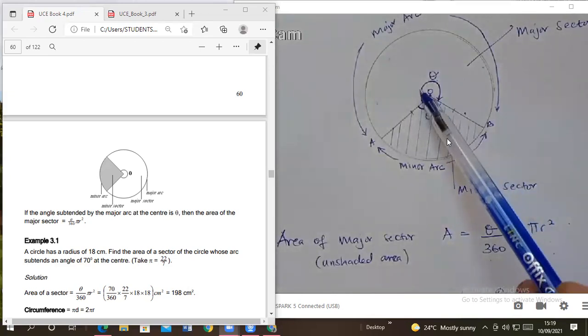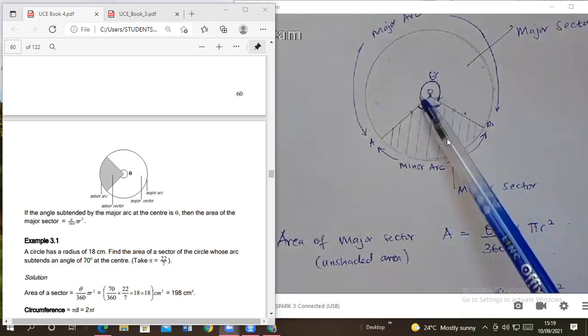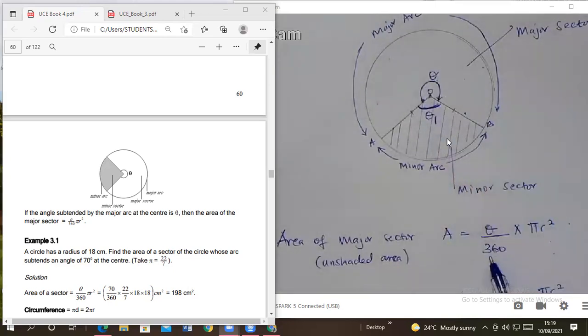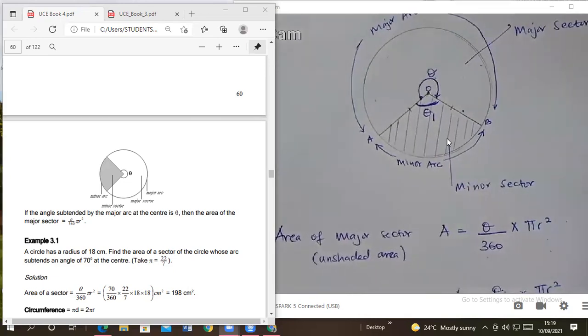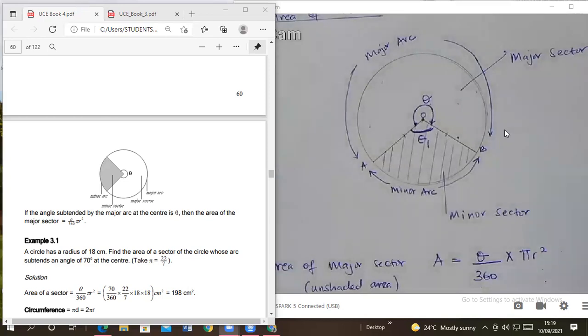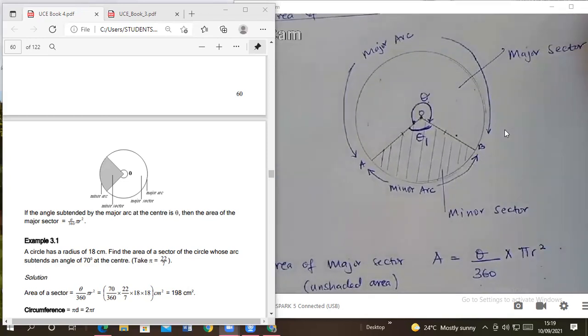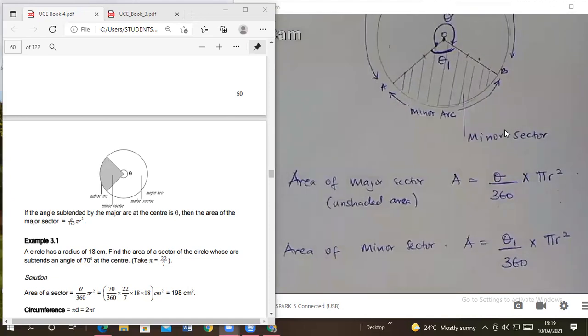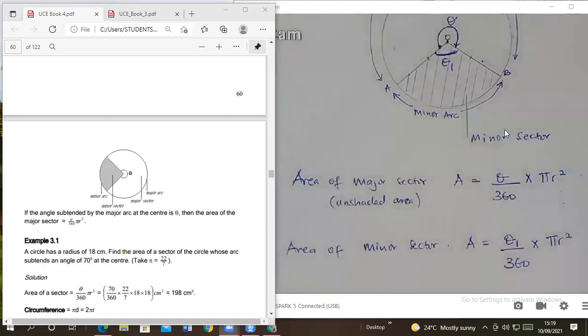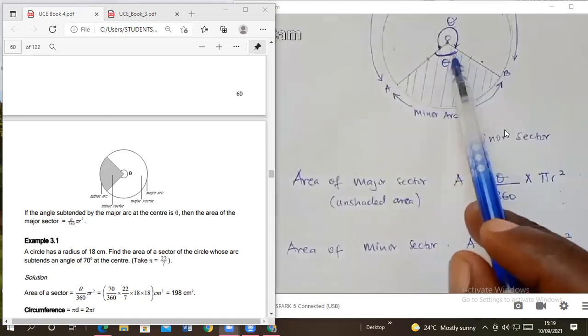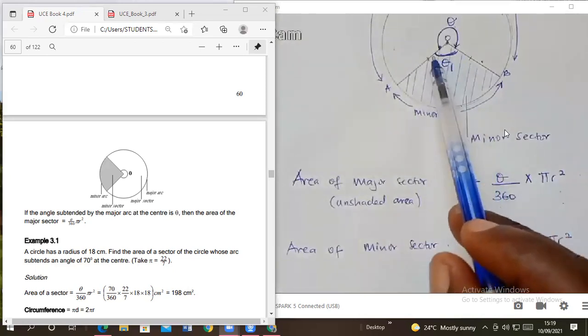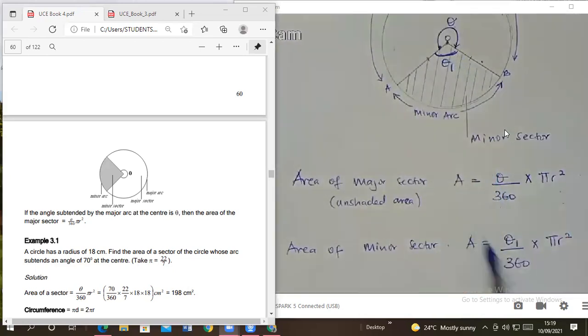So theta for that major sector out of 360 times pi r squared. And to find the area of the minor sector, we have to get the angle which is inside here. So the angle is theta 1. That is the angle of the minor sector, this one here. So it will be theta 1 out of 360 times pi r squared.